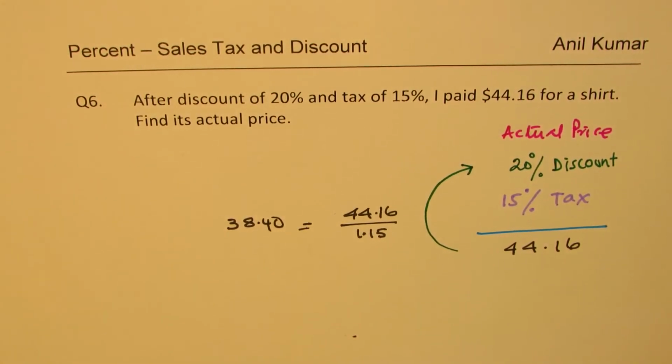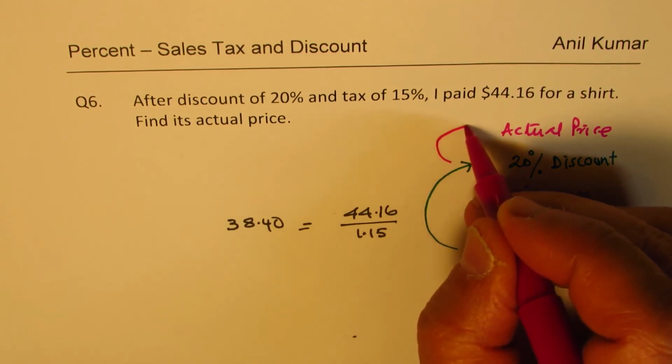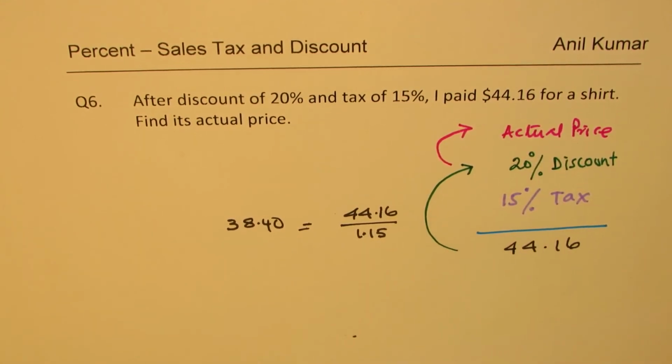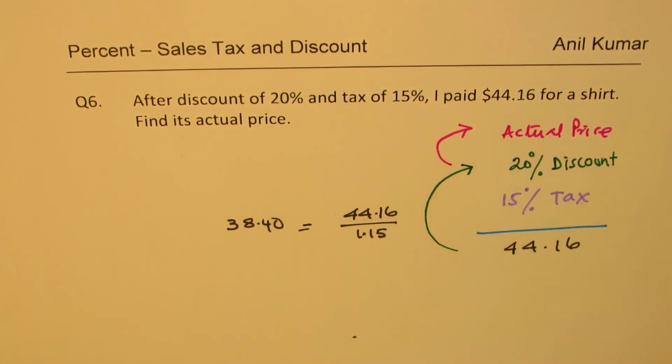Now the idea is that we have to get the actual price. So we are going from a discounted price to the higher price. This is 20% off, so the actual price was higher. What should you do to get that higher price?